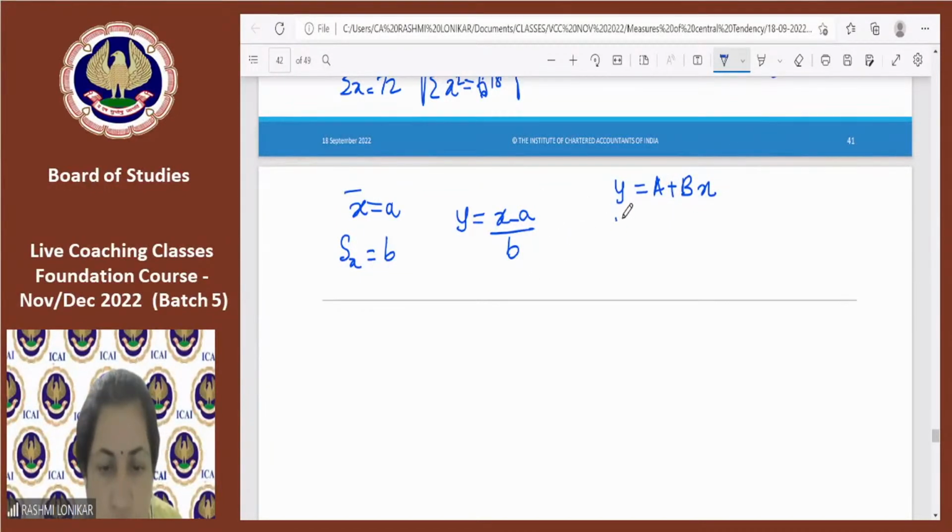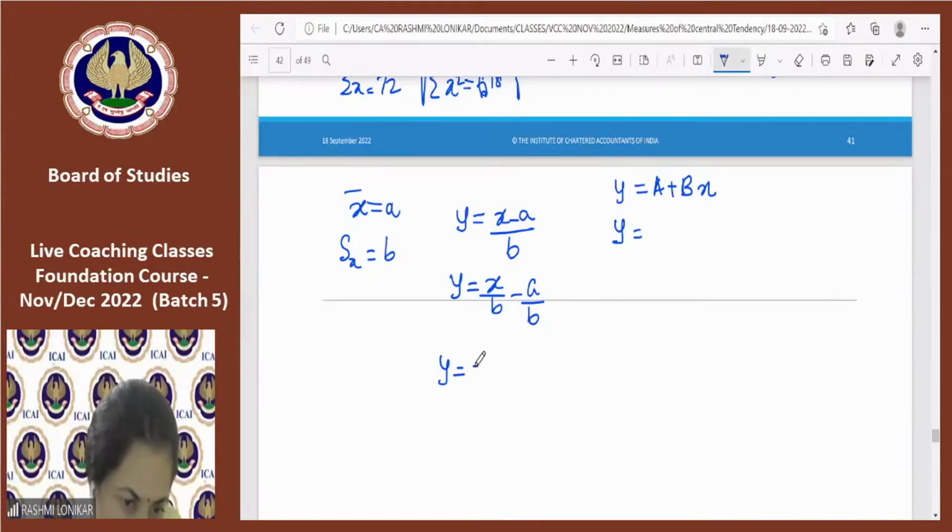So y is equal to what? I have to express it in this form. So y can be written as x upon b minus a upon b. So y is equal to minus a upon b plus 1 upon b into x.